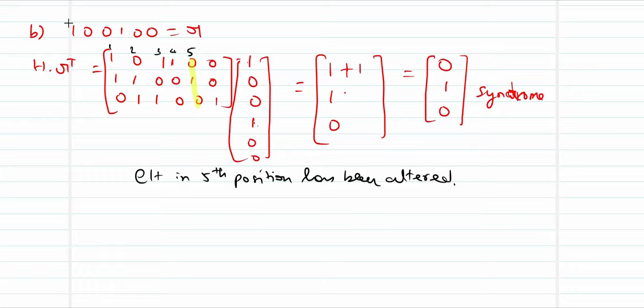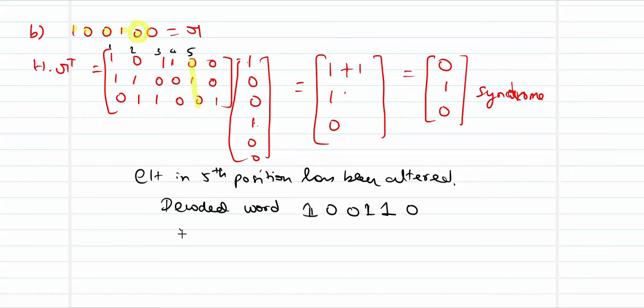So I will change the element in the 5th position, 1 2 3 4 5. So this element has now to be changed, so the decoded word will now be 1 0 0 1. I changed the 0 to 1, so this will be my decoded word.